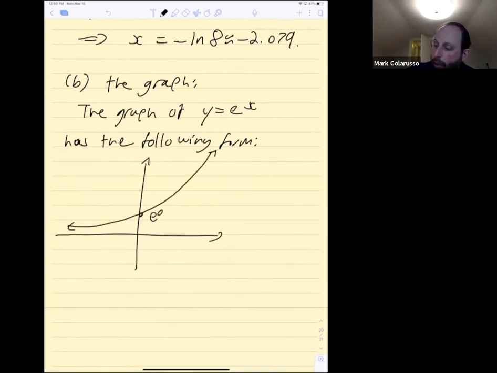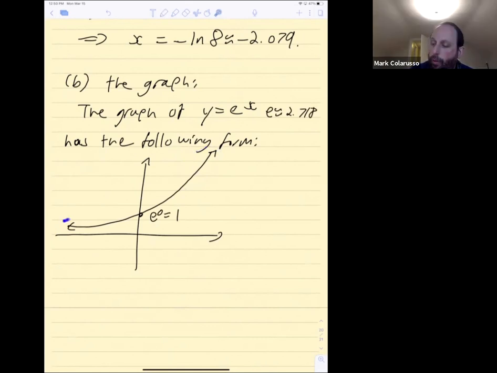So e to the 0 is 1, so it has a y-intercept of 1. And it just grows, this is exponential growth. We talked about this last week, right? E is approximately 2.718. So this is just going to grow very fast out to infinity.